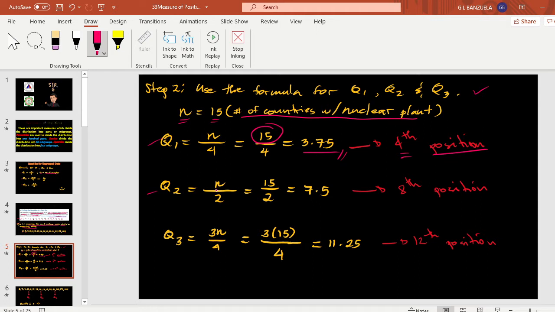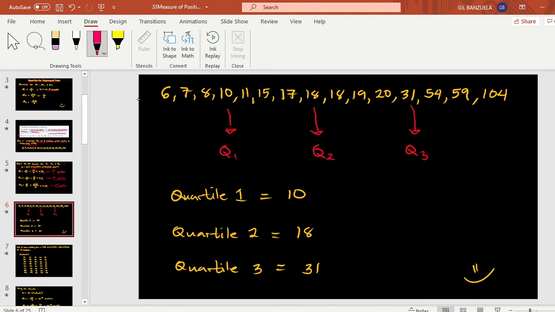For quartile 2, your n is 15 all over 2, that is 7.5, or simply the 8th position. And for quartile 3, that is 3n over 4, plugging in n, which is 15, divided by 4, that would be 11.25, or the 12th position.